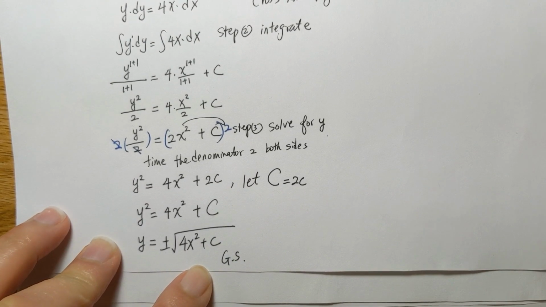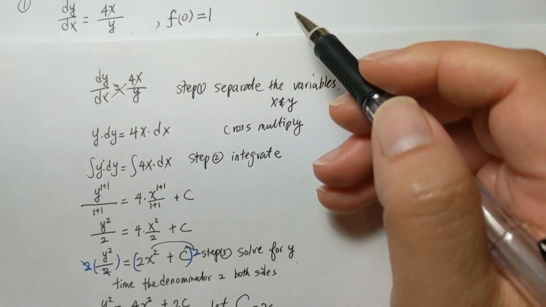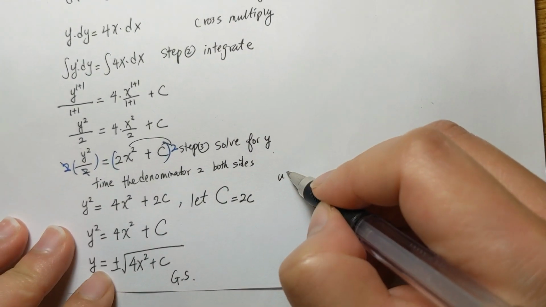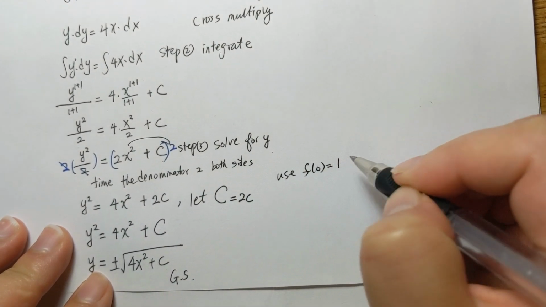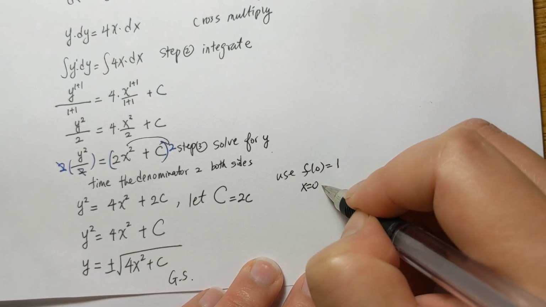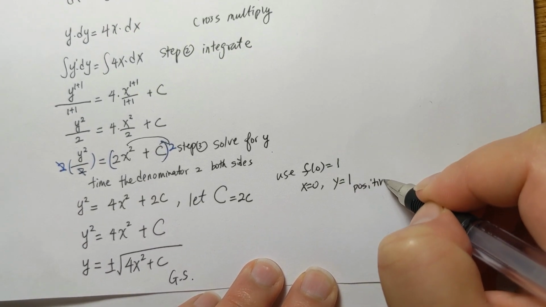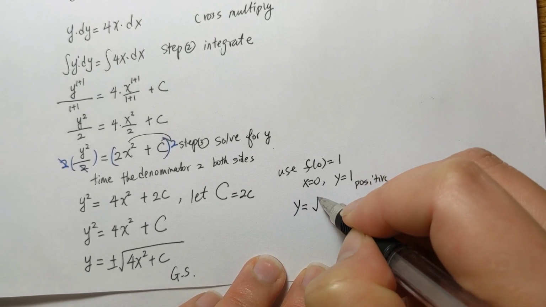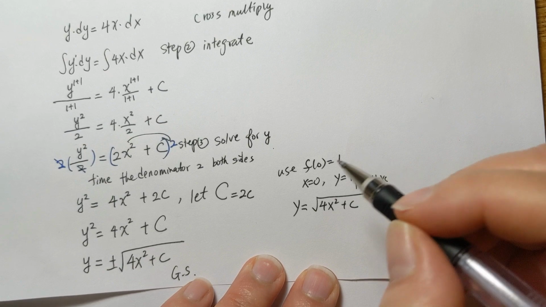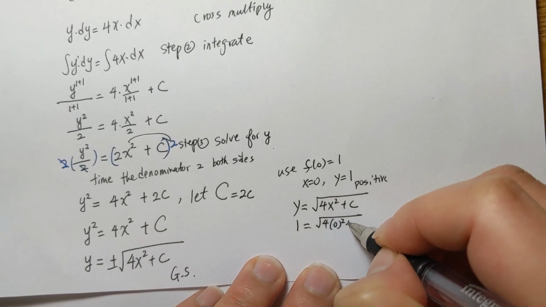Now, how do we find a particular solution? We have to use the initial condition, which is f of 0 equals 1. So x equals 0, y equals 1. 1 is positive, so we are going to use the positive branch. We substitute: 1 equals the square root of 4 times 0 squared plus c.